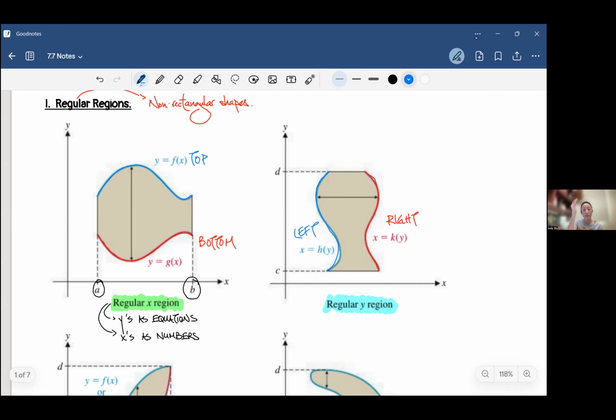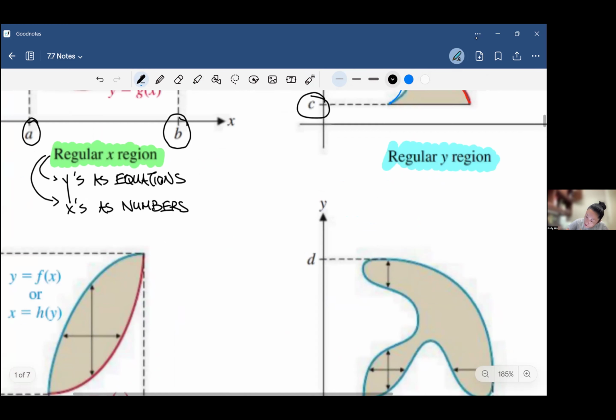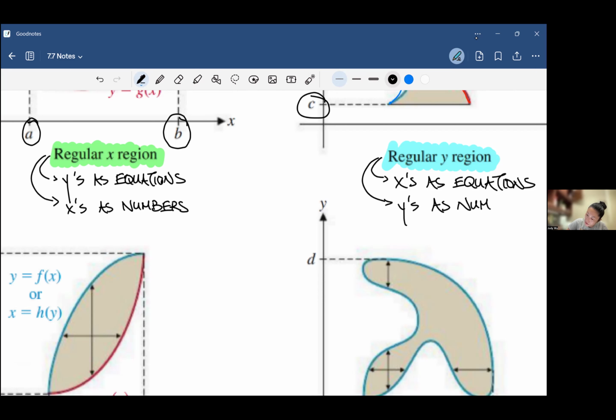So instead of having a top and a bottom, we have a right and a left. And instead of the x's being numbers, the y's are going to be numbers, okay? So let's take a moment to write that out. We've got our x's as equations and our y's as numbers.